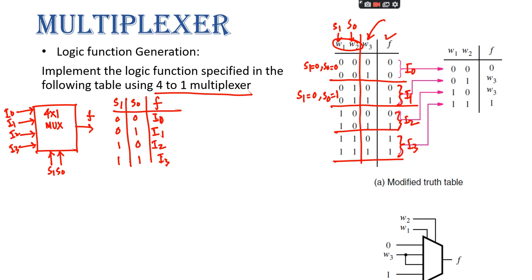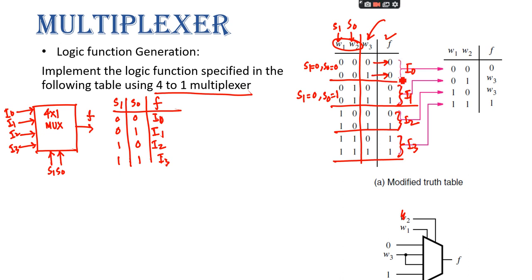So we'll try to find the relationship between W3 and F. Whenever W3 is 0, output is 0. Whenever W3 is 1, output is 0.